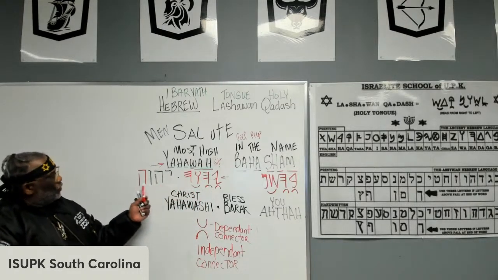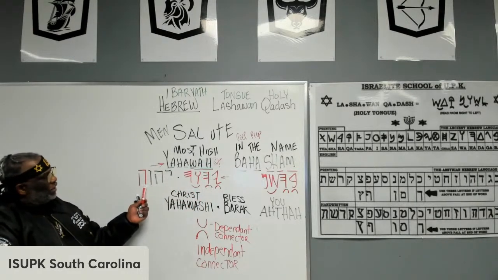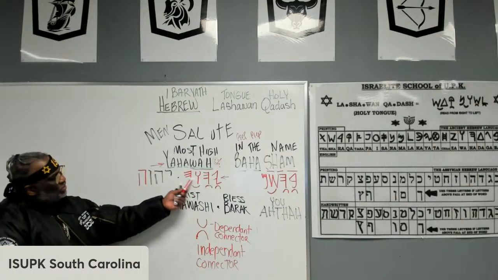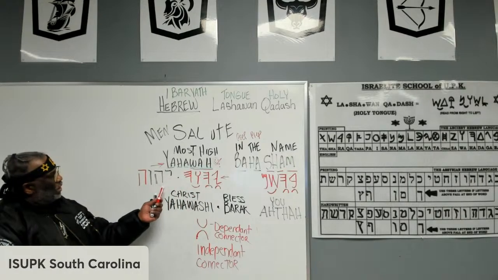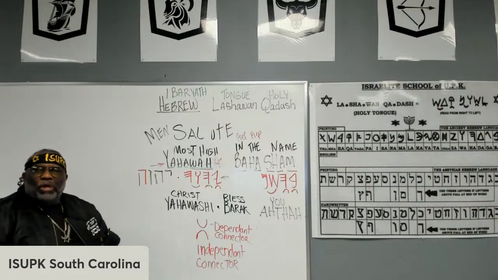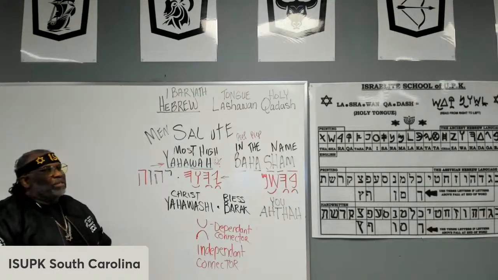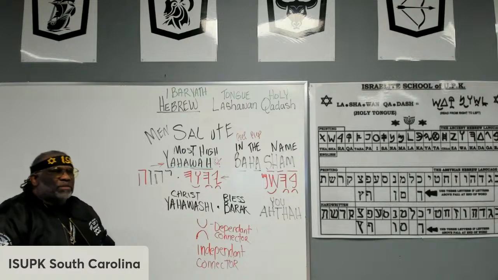The Syrian language over here that we were given in captivity is the same sounds, but you don't have these connectors over here to help you. So a lot of people get things mixed up and they start to form words that really don't make sense.